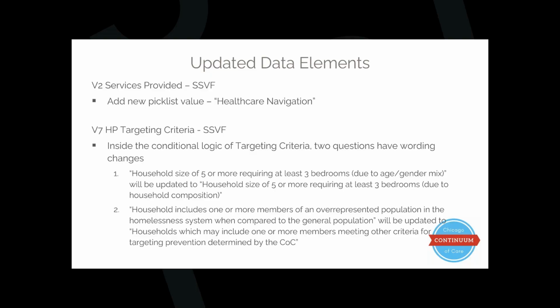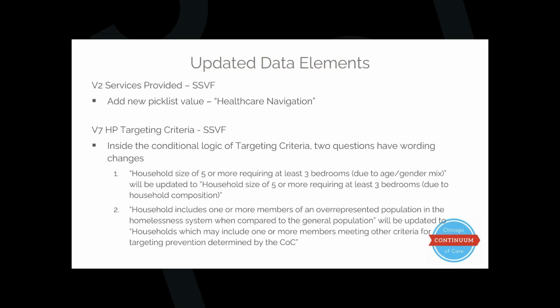The first one is household size of 5 or more, requiring at least 3 bedrooms due to age and gender mix. That will be updated to household size of 5 or more, requiring at least 3 bedrooms due to household composition. The next question is households includes one or more members of an overrepresented population in the homelessness system when compared to the general population.